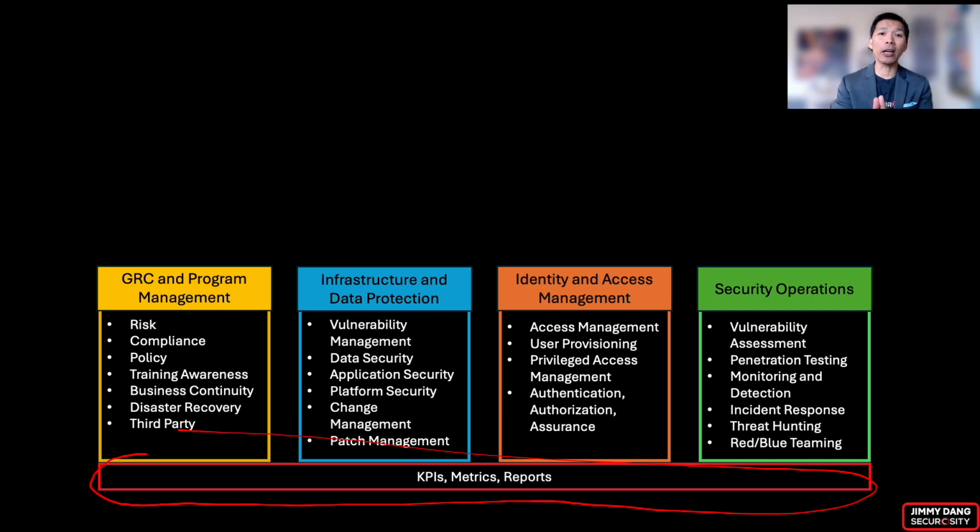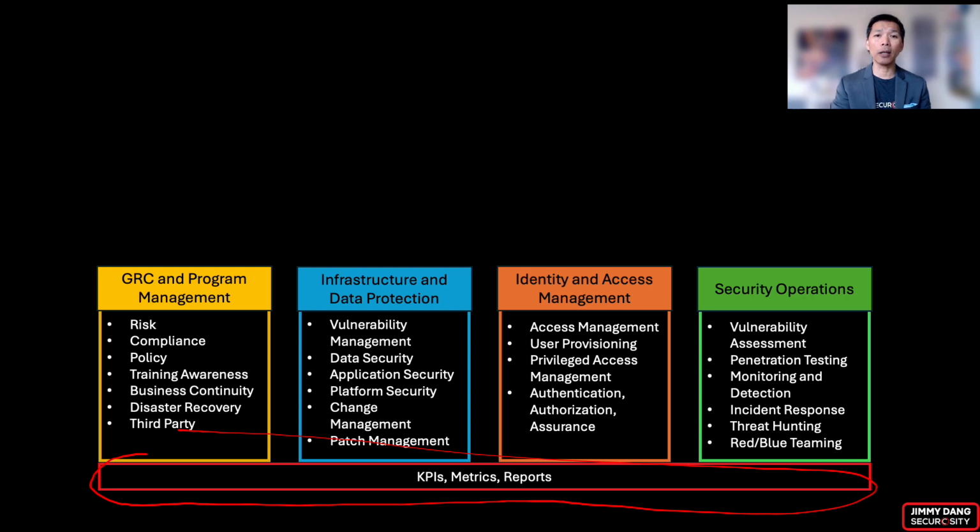Metrics are quantifiable measures that track the performance and effectiveness of various security controls and processes. By analyzing these metrics, we can identify trends, measure progress, and detect deviations from expected performance.